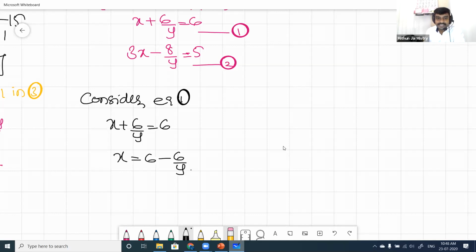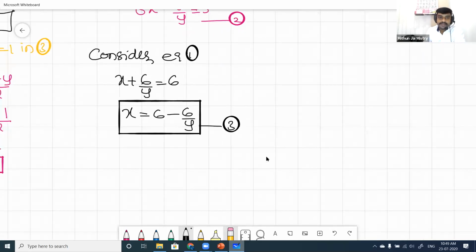Let me take this as equation number 3. It's very simple. We need to substitute x as 6 minus 6 by y in equation number 2. So I will write: substitute 3 in 2, because 3 we got from equation 1.